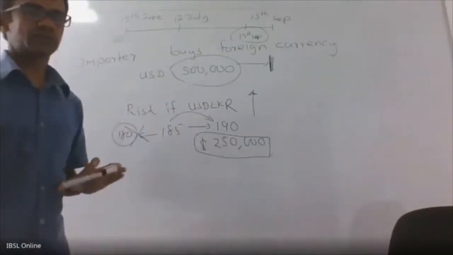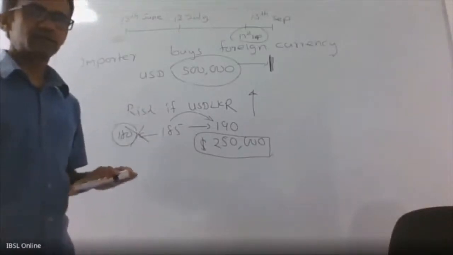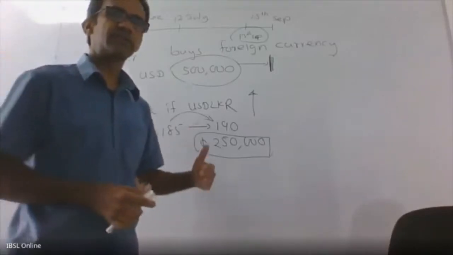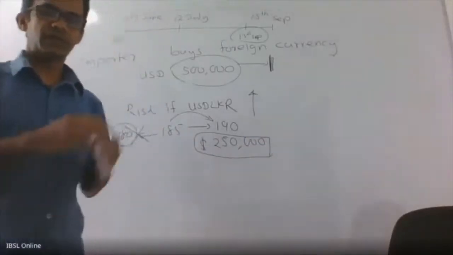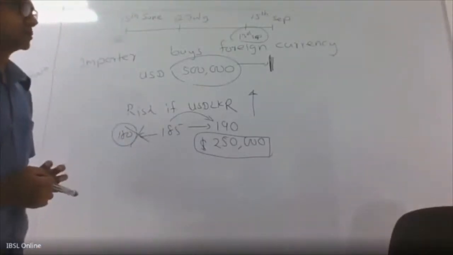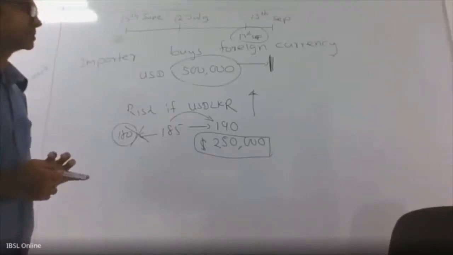Just to stop speculation, there are guidelines issued by the central bank not to book a forward contract, cancel it and again rebook it. There are directions given by the central bank to that extent, but it's not our focus.